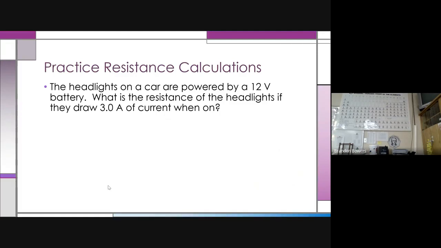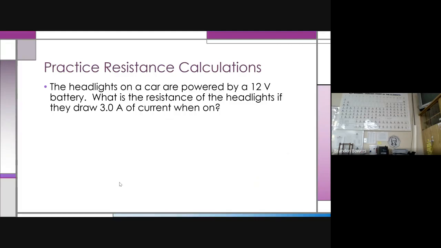What is the resistance of the headlights if they draw 3 amp of current when they're turned on? What would we do here? 12 volts divided by 3 amps. Your answer would be 4 ohms. Not too shabby, right? We feel pretty good on that.